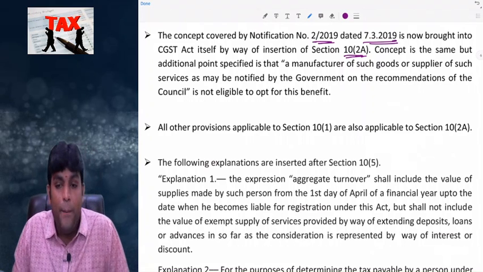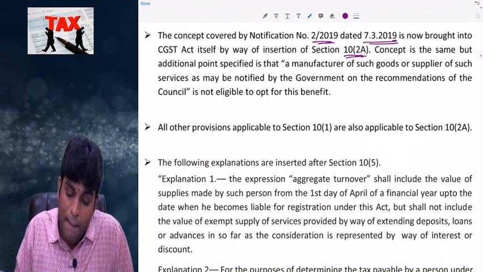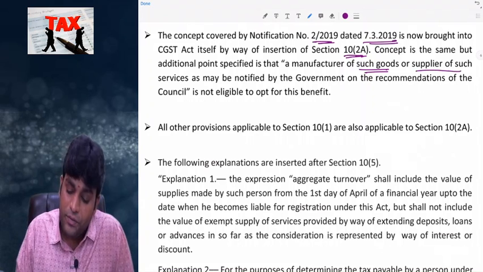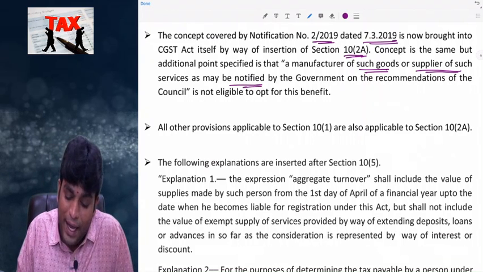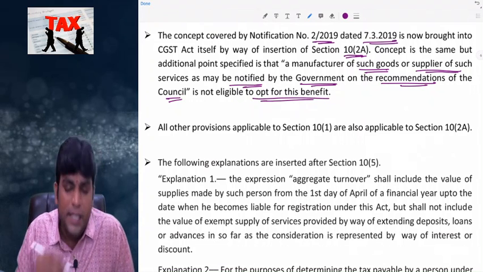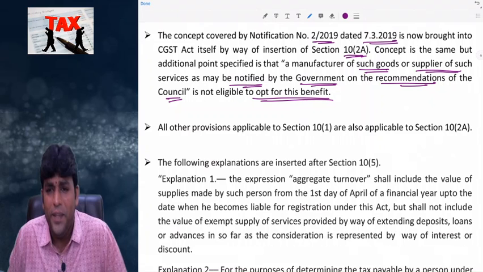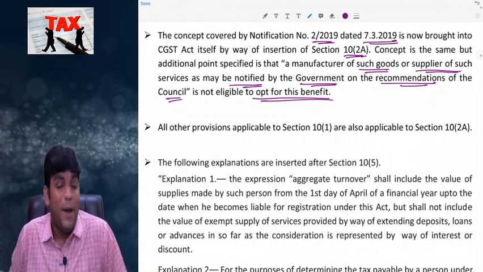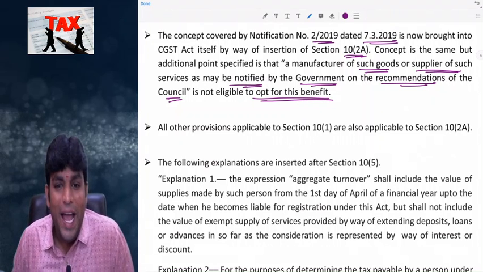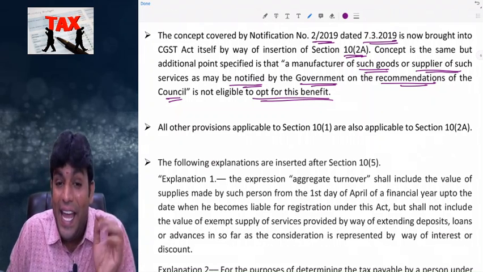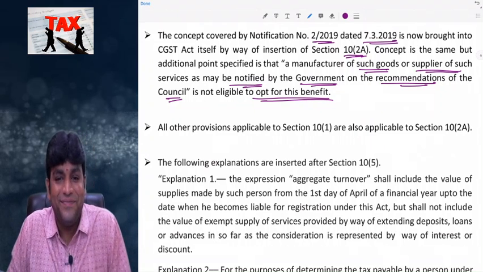The manufacturer of such goods or supplier of such services as may be notified by government on recommendation of the council is not eligible to opt for this benefit. Now what are those goods? Already we know: pan masala, tobacco substitutes, ice cream and other edible ice, whether or not containing cocoa, and one point recently added, aerated waters.